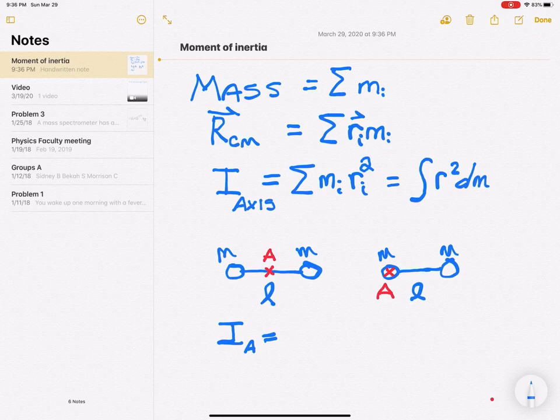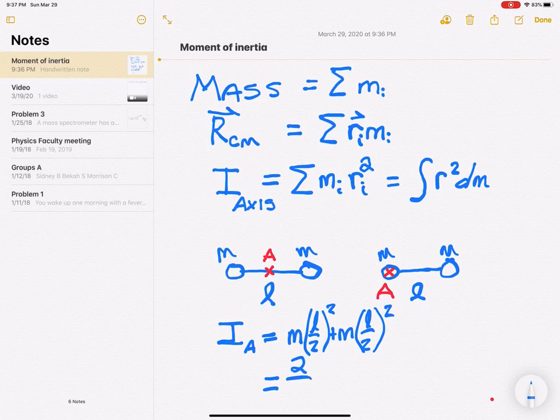I've got the first mass, L over 2 squared, plus the second mass, L over 2 squared. So I'm going to wind up with, let's see, 2 over 4 ml squared.